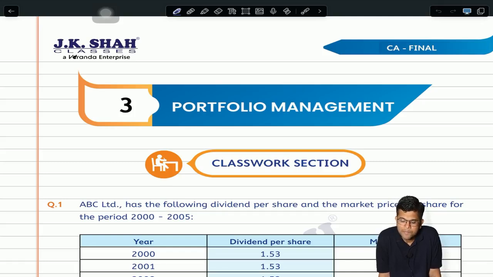Everyone clear? Why is it called portfolio management then? It is called portfolio management because this chapter teaches you that if you agree to diversify into more than one share or more than one company, then you will get the benefit of risk reduction. Are you able to understand?